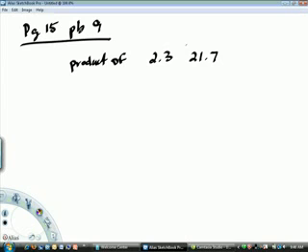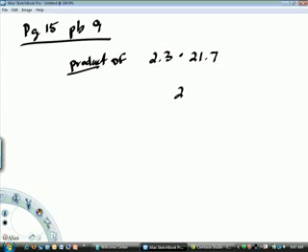It means what operation? It's going to be either addition, subtraction, multiplication, or division. No, product means multiplication. Yeah, so anytime you see the word product, you got to know that that means multiplication.